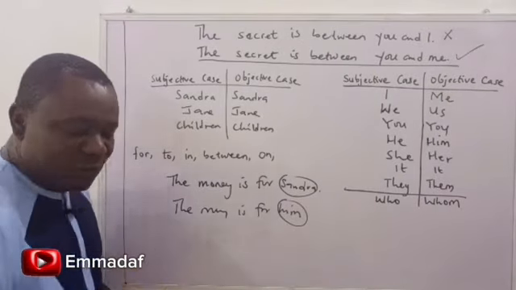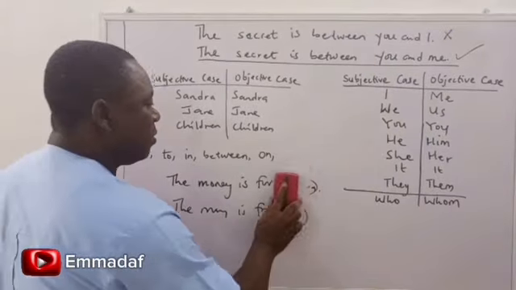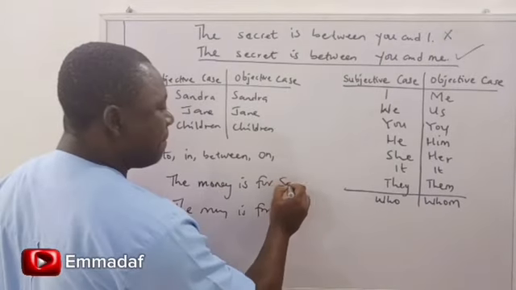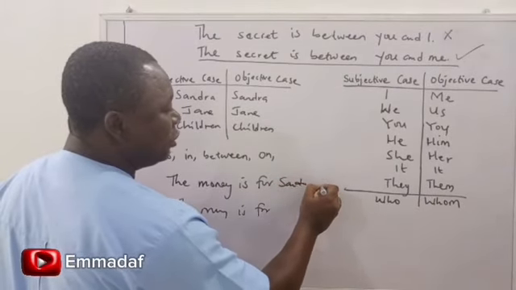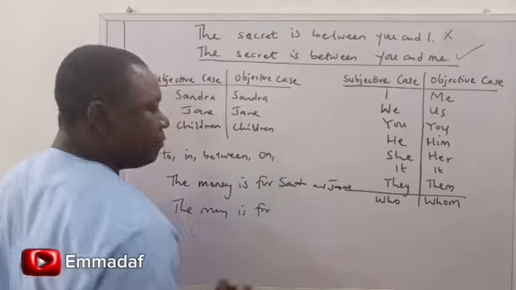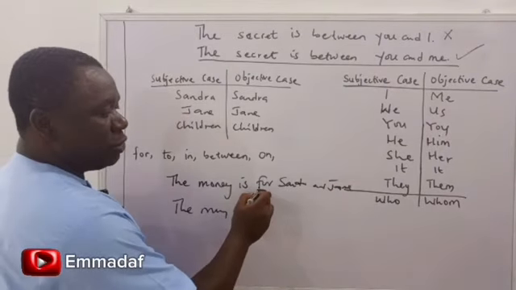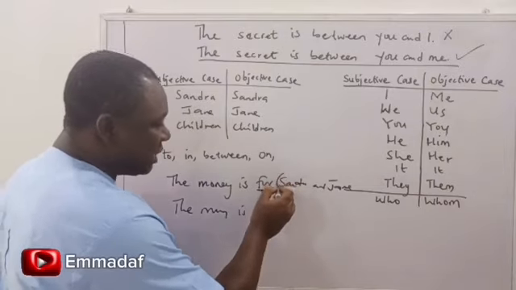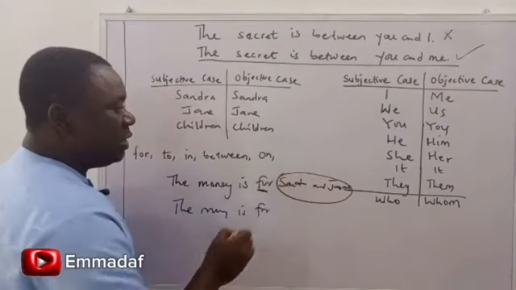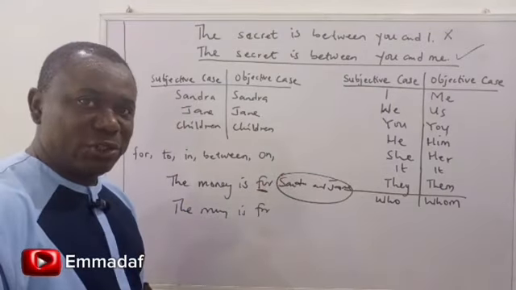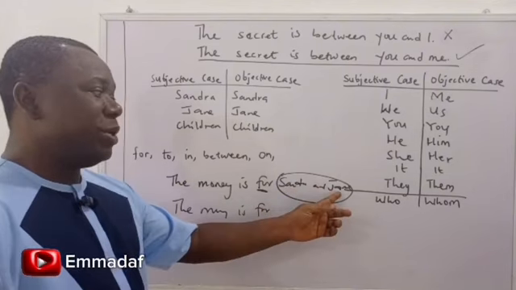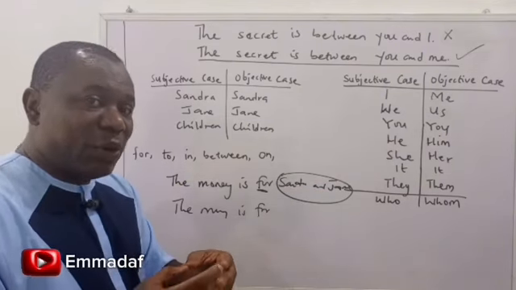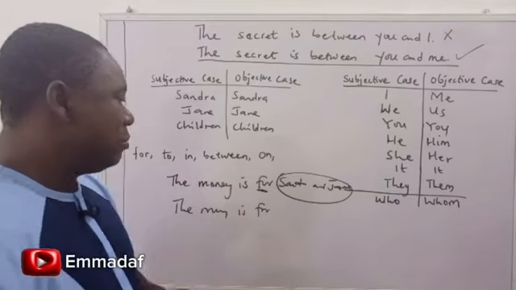The money is for Sandra and Jane. This is the preposition. It is followed by Sandra and Jane. So Sandra and Jane is the object of this preposition. Because it is made up of two words joined together by this, we say it is a compound object.